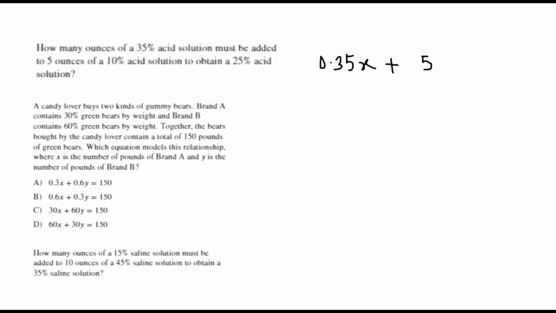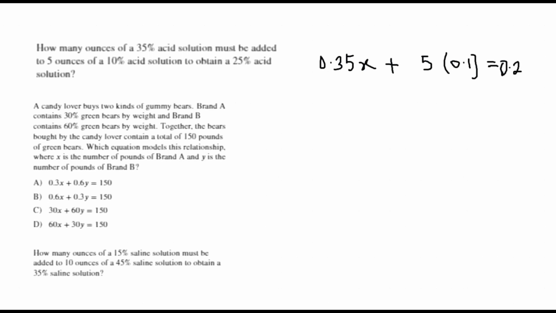Our 25%, so 0.25. Now remember, 0.25 here is the percent concentration, but then we should multiply it by the mass as well.